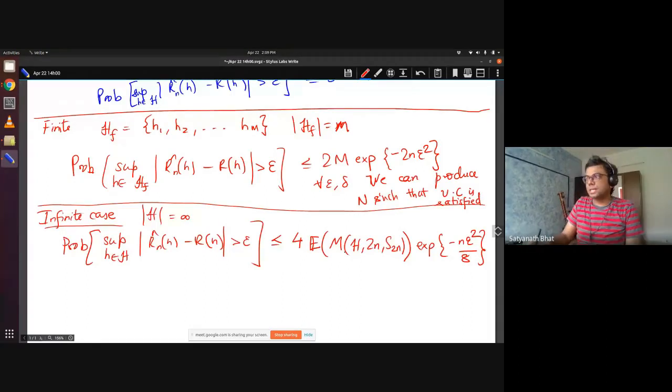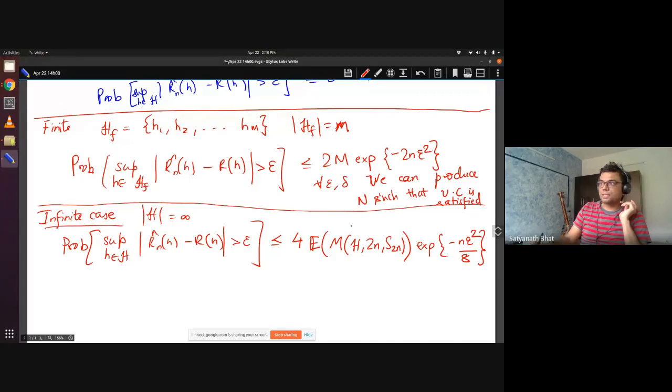But when you write an expression like this in the infinite case, this expectation is fine, but it is not a constant number. As n increases, it may be some function of n. If it is some function of n times e power minus something, that is still okay. But if it is a number like 2 power n, then the effect of this is minimized. This will not be usable.